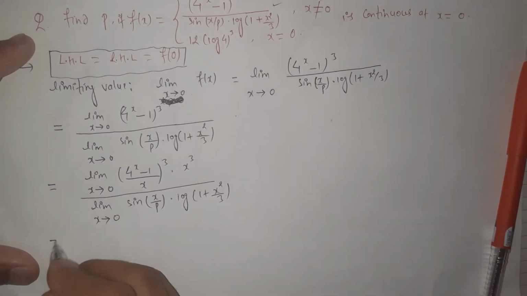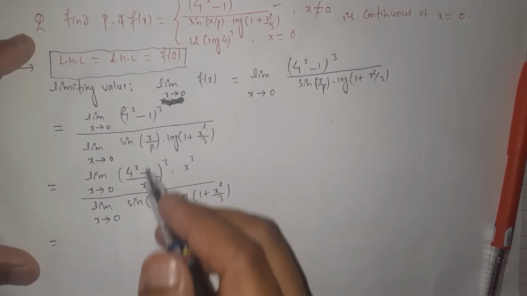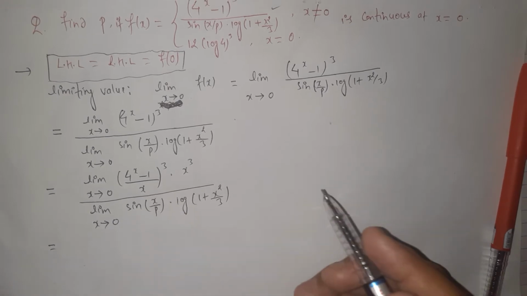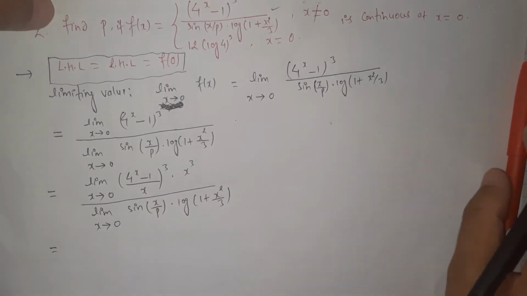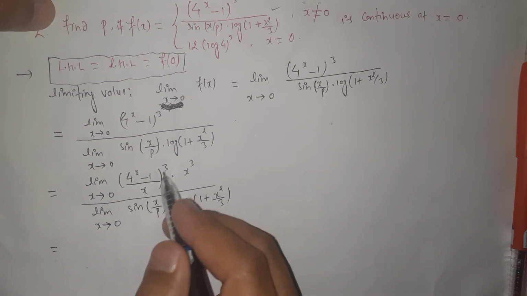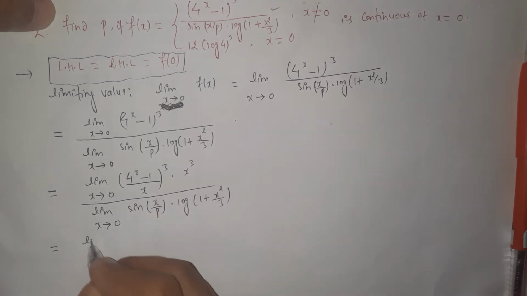Let's do the sum simply. The benefit of this is that we already know some properties of the limit. Let's recall those properties. The limit of a function raised to some power can be written as the limit of that function, here 4 to the power x minus 1 over x.